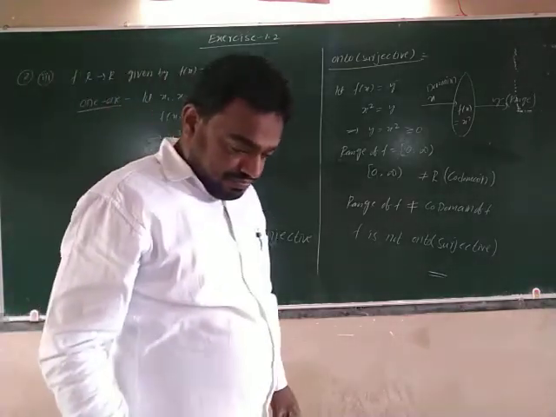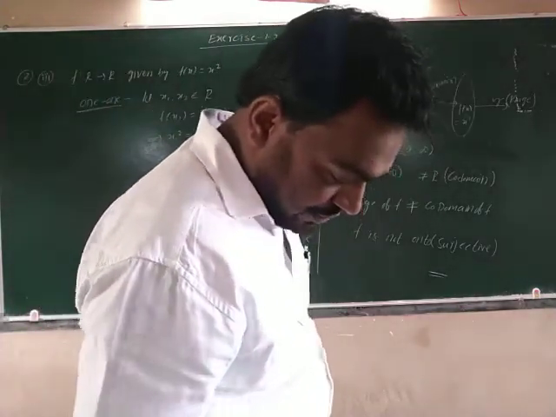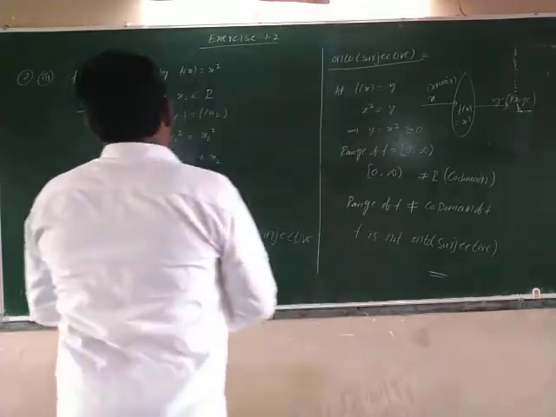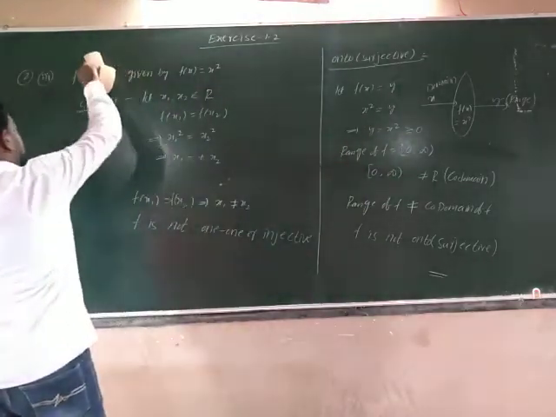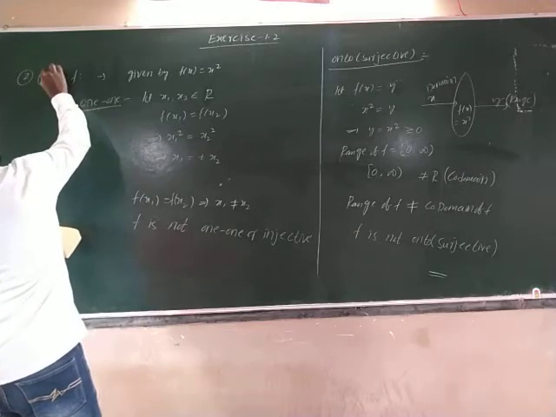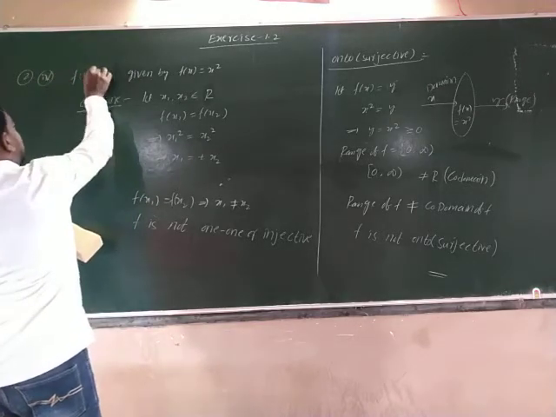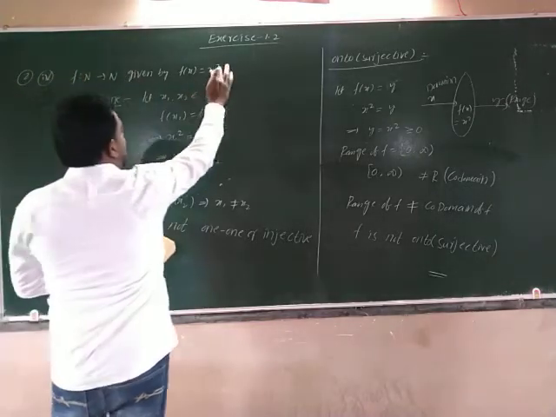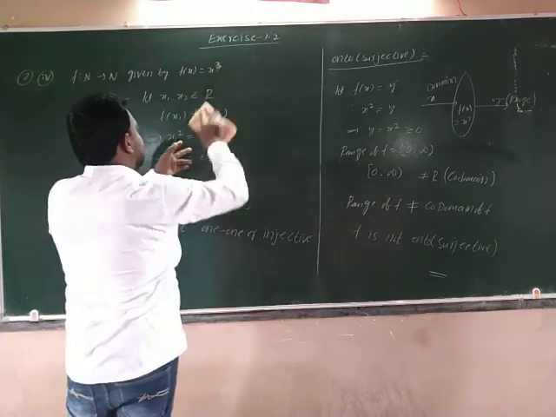Next, coming to the fourth question. f is a mapping from N to N given by f of x is equal to x cube.